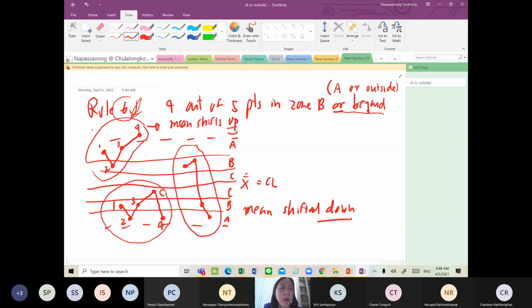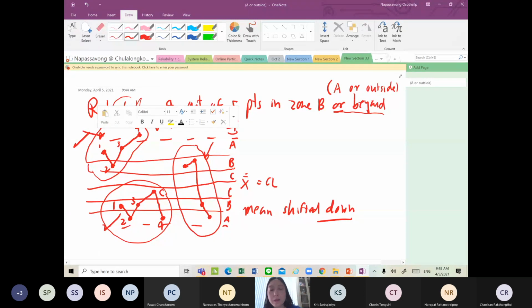Compared to this pattern, where all 4 points are on the same side of the control chart, that pattern shows for sure that the mean shifted, with 4 points on the same side, the lower side. So it violates this rule for sure. But this pattern has 4 points in zone B or beyond on different sides of the control chart.